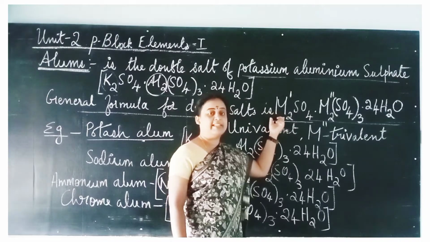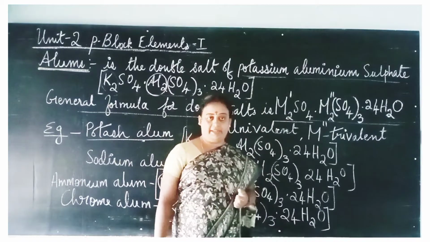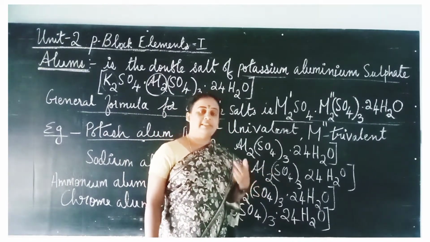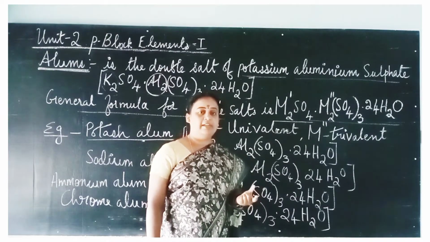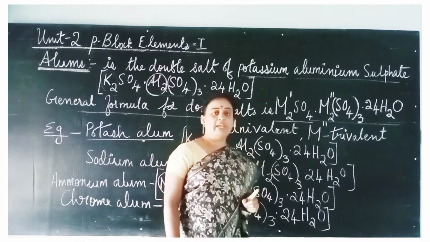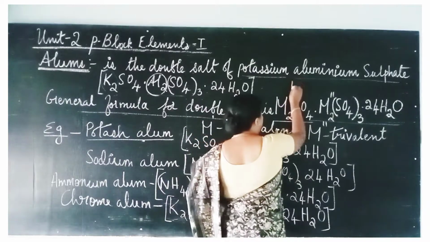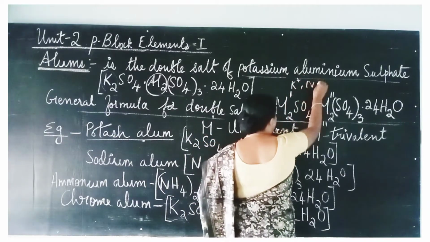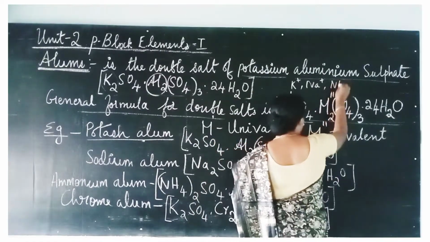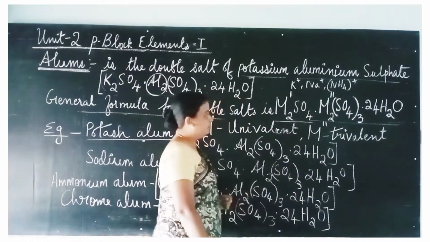The first M is a univalent metal ion, which means it has a charge of plus 1, the valency is 1. I can give you examples of univalent ions like K plus, Na plus, the sodium ion, the potassium ion, and the ammonium ion, NH4 plus. All these are univalent.